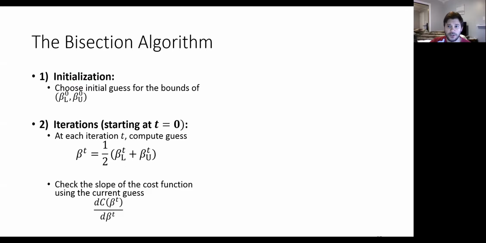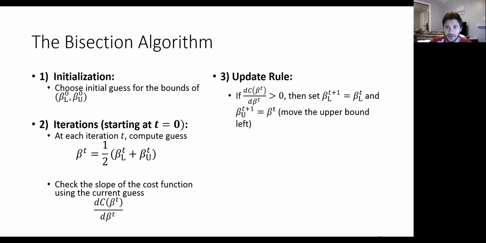So then we move on to step 3, which is the update rule. We recognize if the derivative is positive, then we were too far to the right. In that situation, we want to move the upper bound to the left.